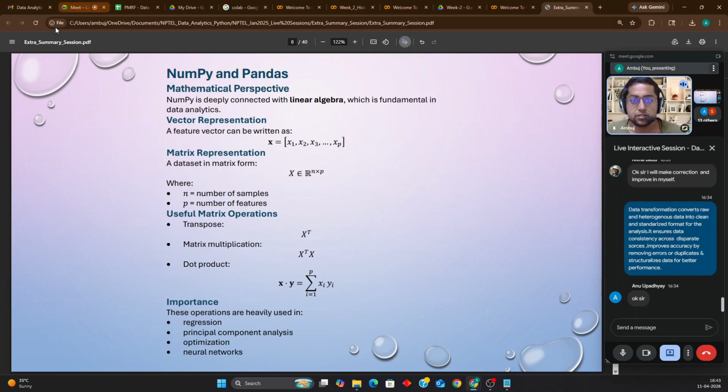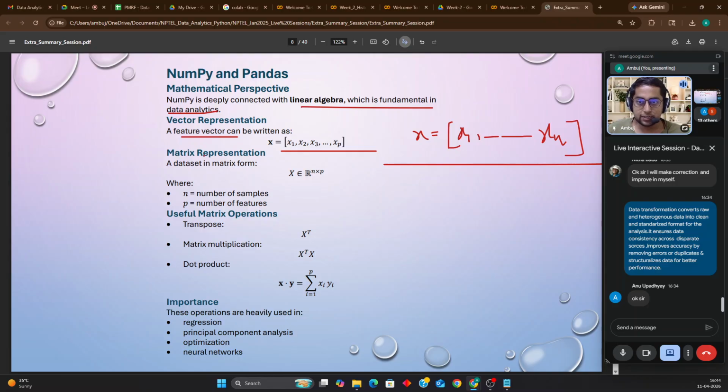NumPy and pandas. NumPy is deeply connected with your linear algebra. All the fundamentals you must have covered in your basic classes. These are followed in NumPy. Vector representation: a feature vector is written like this, X is of the form x1, x2, x3, and so on up to x7.